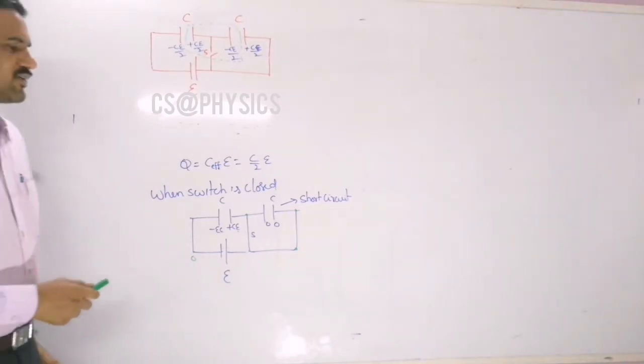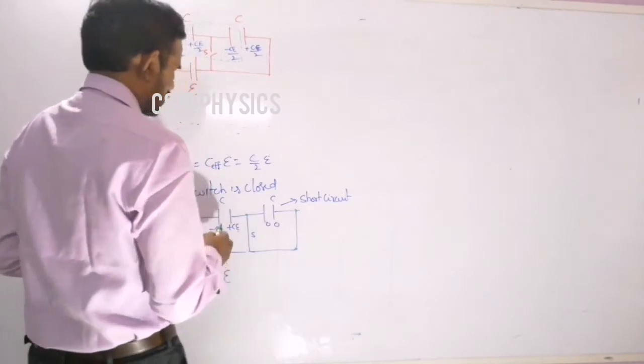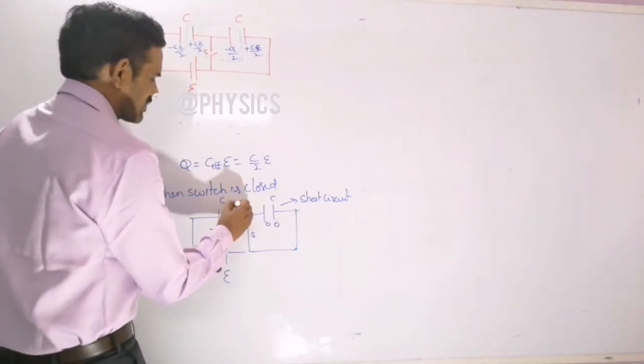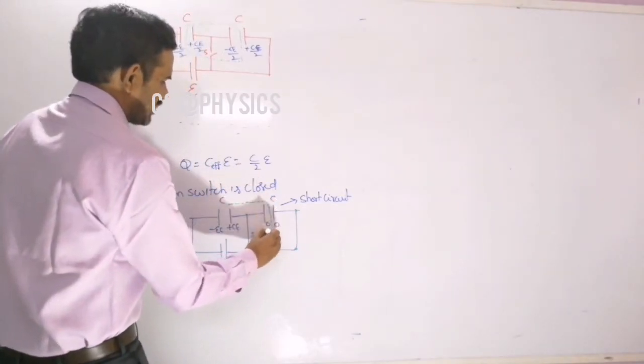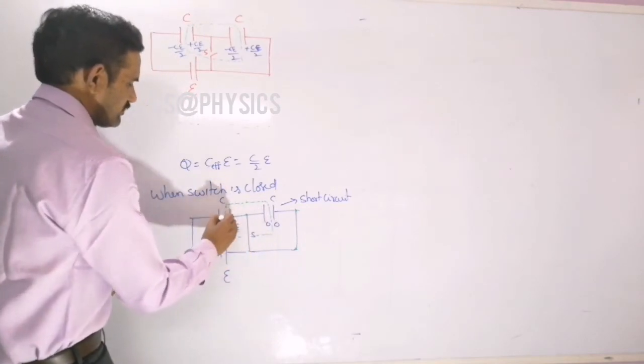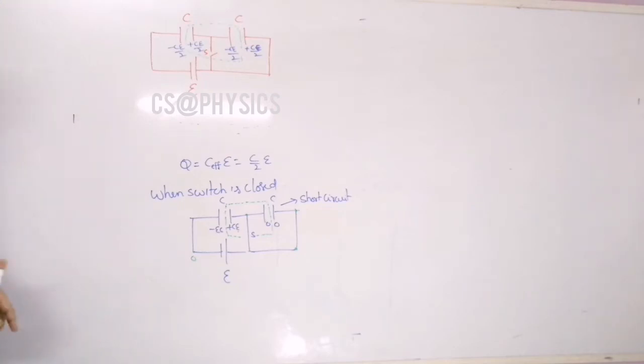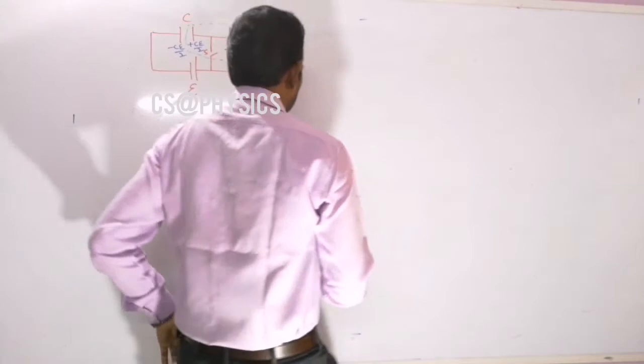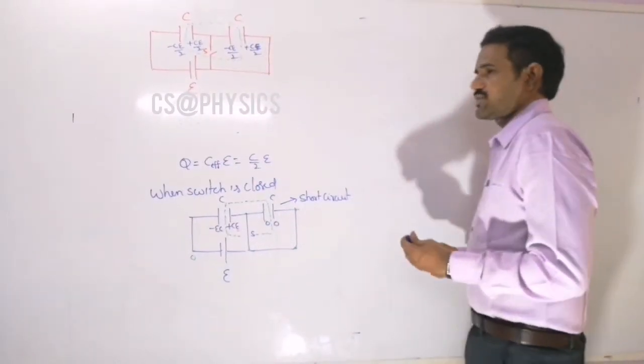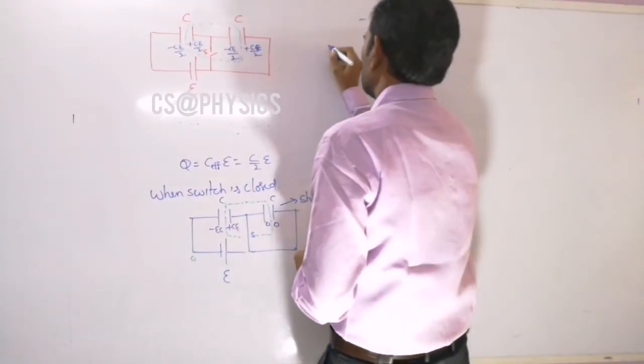And now let us identify the charge flowing through the switch. So again I am taking these isolated plates. Let us take these two isolated plates and write how much charge is flowing through them. We need to write the initial charge and final charge.